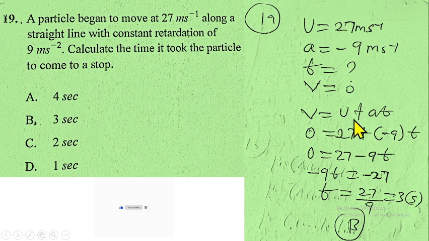We have v equals u plus at. So 0 equals 27 plus minus 9 times t. From there you have 27 minus 9t. Then collect like terms: minus 27 equals minus 9t. Divide both sides by minus 9, and that gives us t equals 3 seconds. So option B is the correct option for question number 19.